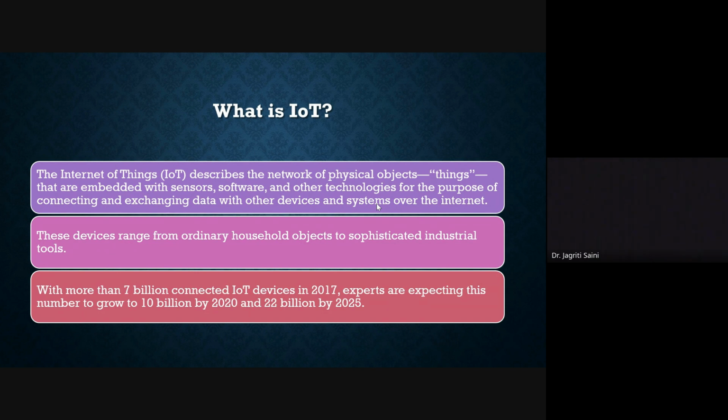Connecting things to the internet for exchanging some kind of data becomes your Internet of Things. And if we just talk about the stats that we have from this IoT world, it is said that around 7 billion connected IoT devices were reported in the year 2017. So you can imagine how things are changing over the years.